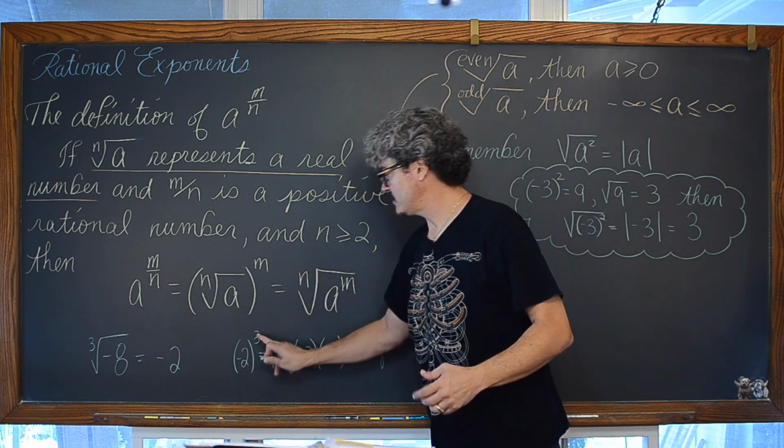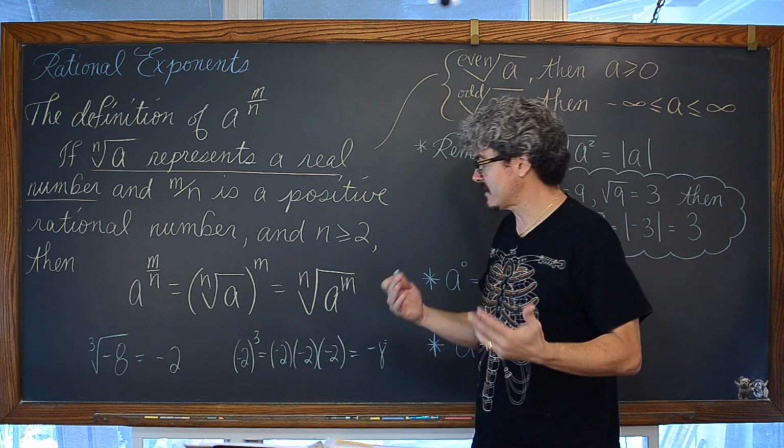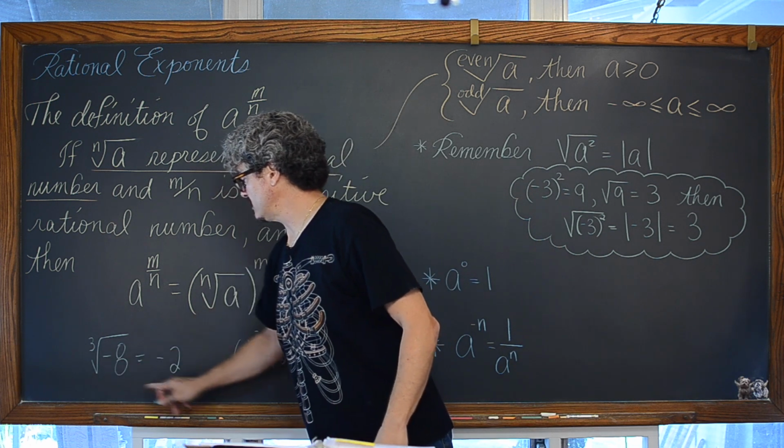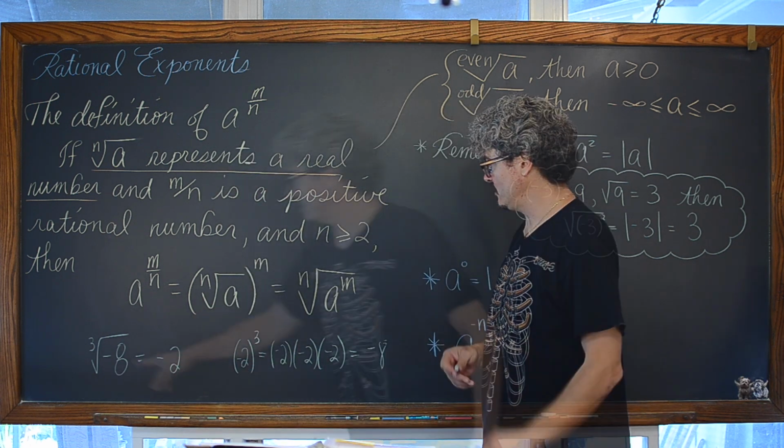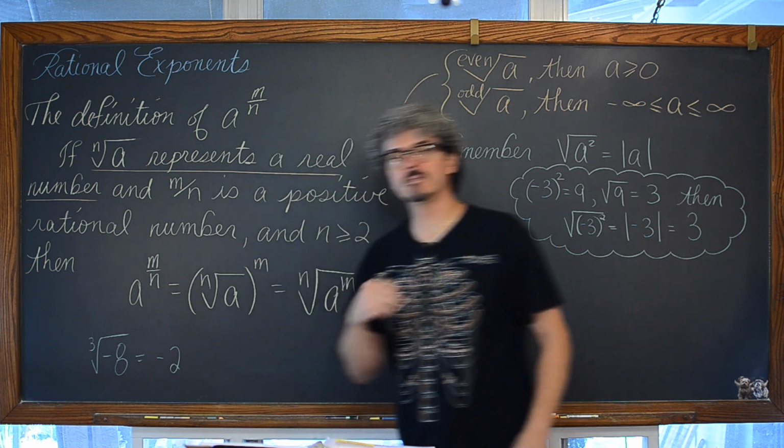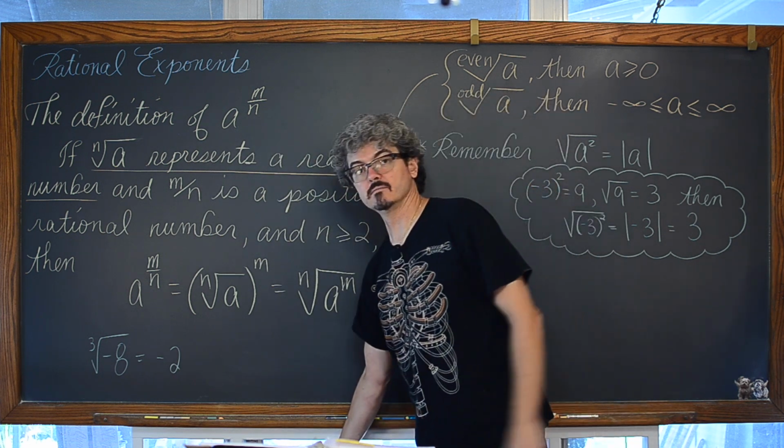So negative 2 cubed equals negative 8, thus that is why the cube root of negative 8 is equal to negative 2. You can take an odd root of a negative number and get a negative answer. That is a real value.